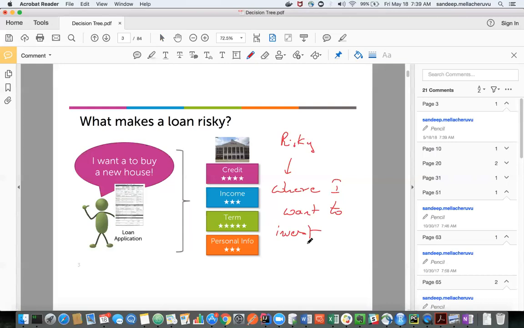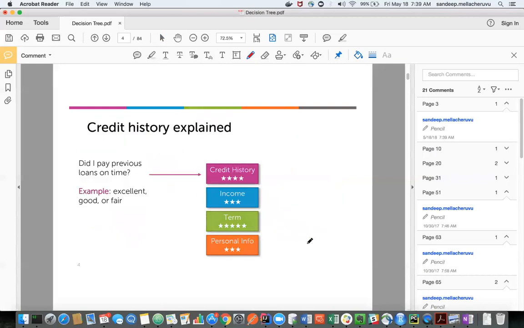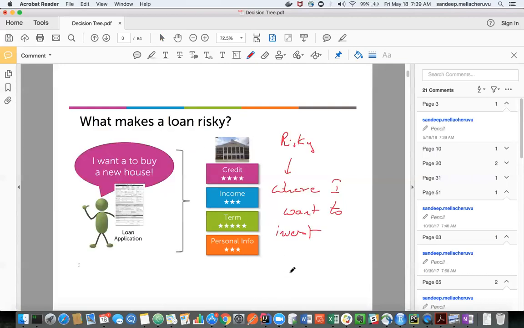If I want to do farming and I want to take a loan, it is comparatively less risky than if I want to do stock trading or stock brokering and invest money there, because you never know when your money will be zero in stocks. So all these things make it risky, but here in this PPT there are only a few items that are identified.